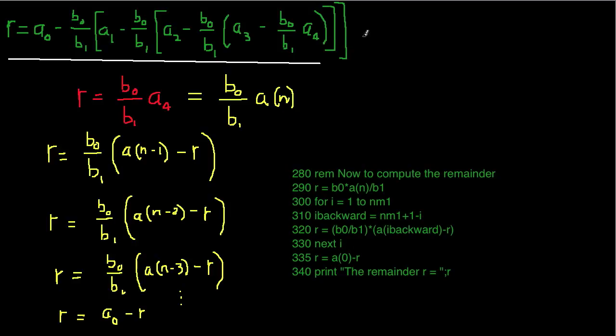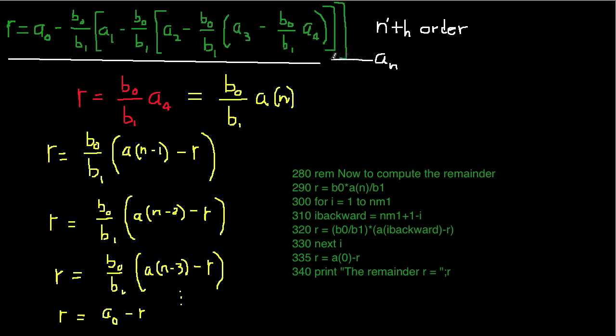In general, if I'm dealing with an nth order polynomial, the largest coefficient is going to be a sub n. So I'm going to assume here that this formula that I have developed in fact works for higher order polynomials.